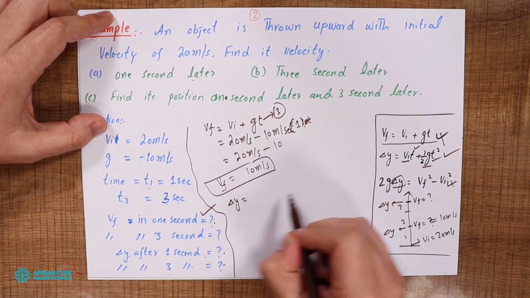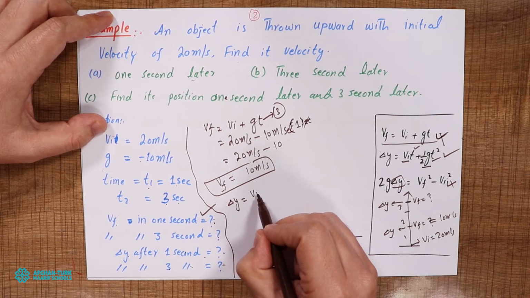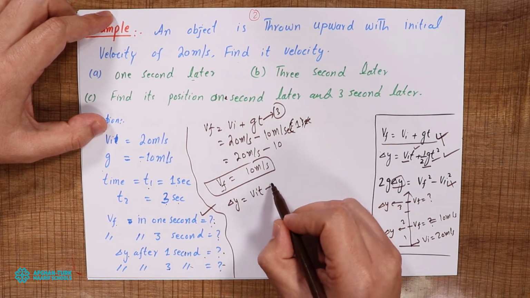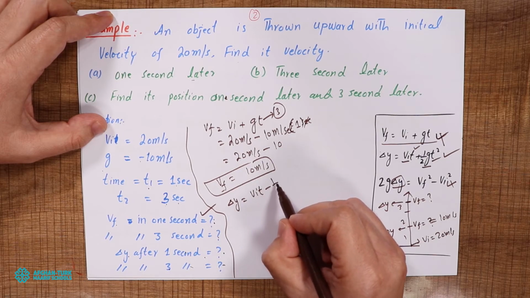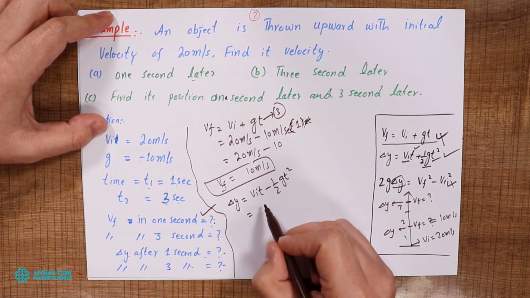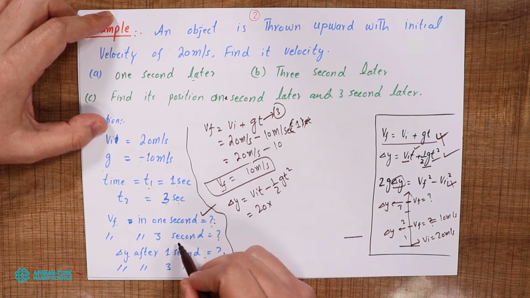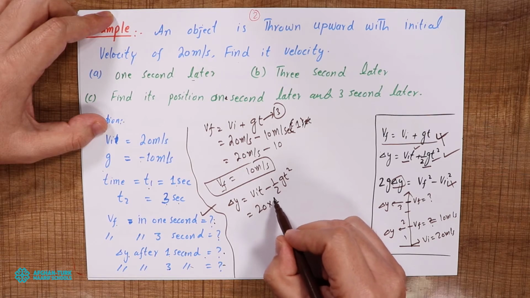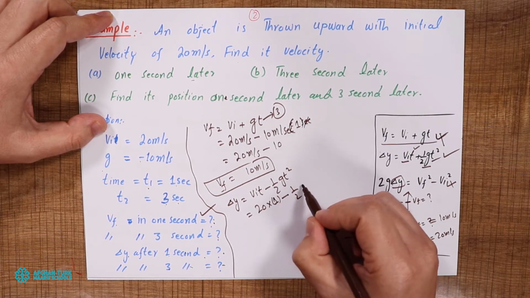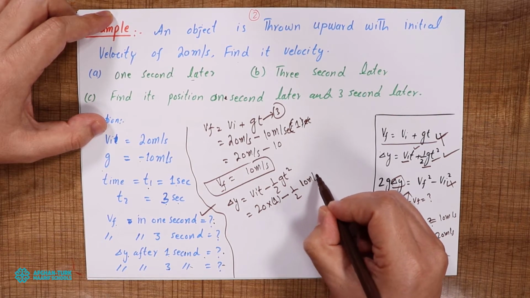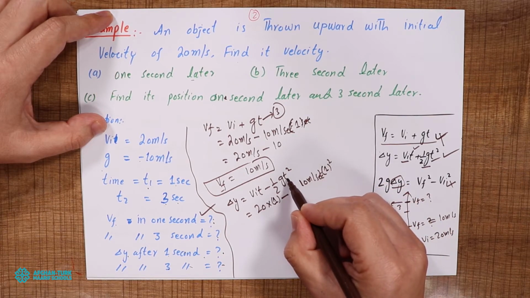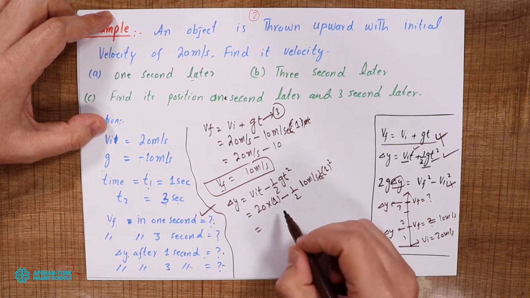Delta y is equal to vi t plus, the g value is minus, so it will become minus 1 by 2 g t square. Now putting the value, vi is 20, time after 1 second, first we put the 1 second, minus a half, 10 meter per second square, in 1 square. Now calculate.